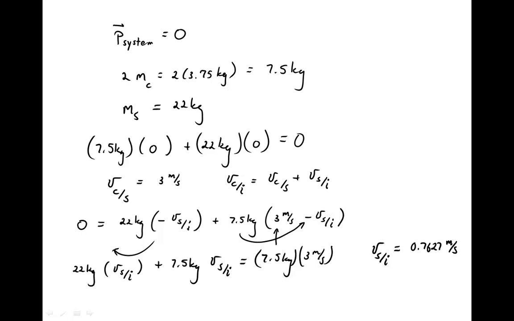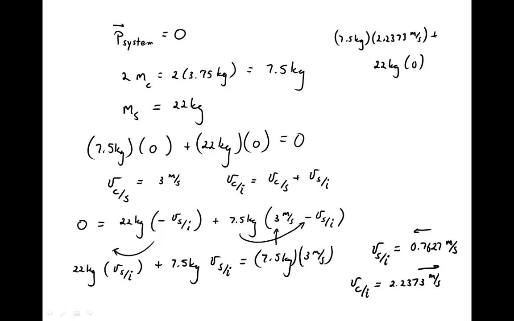Which means the velocity of the cats with respect to the ice equals 2.2373 meters per second. Keep in mind the sled is moving that way, the cats are moving that way. Then when the two cats land on the right-hand sled, you have the momentum of the cats, which is 7.5 kilograms times 2.2373 meters per second, plus the sled, which is 22 kilograms but not moving, so they land on it.